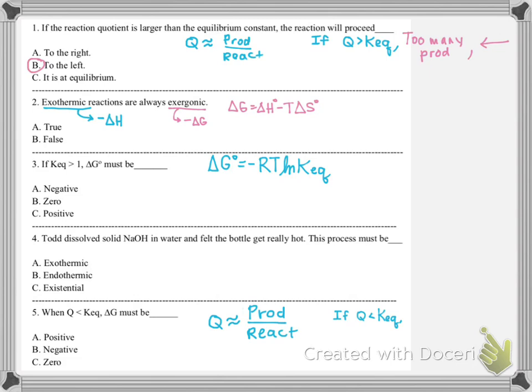Even if we have a negative delta H, if we end up with a really big positive minus T delta S term, then the delta G won't end up being negative. Since delta G is a combination of enthalpy and entropy, this statement's going to be false.